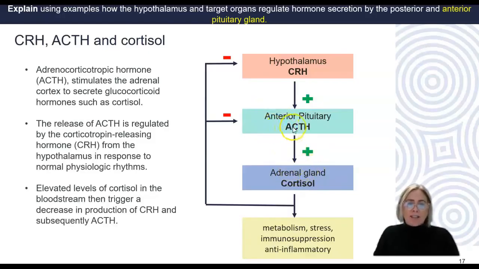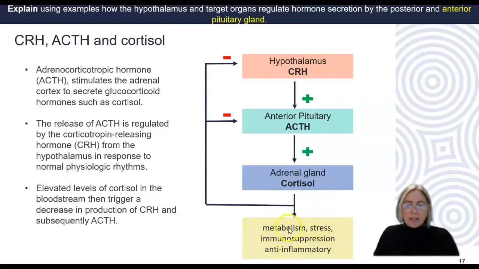And the release of ACTH is regulated by corticotropin releasing hormone, or CRH, from the hypothalamus in response to normal physiological rhythms. Firstly, when cortisol is secreted from the adrenal gland, it will act on nearly all tissues and cells in the body. It has diverse effects. It's the major stress hormone in the body.